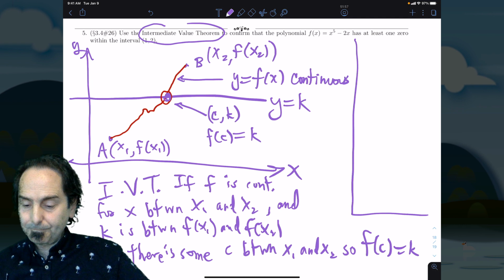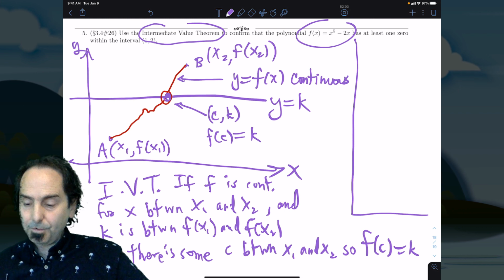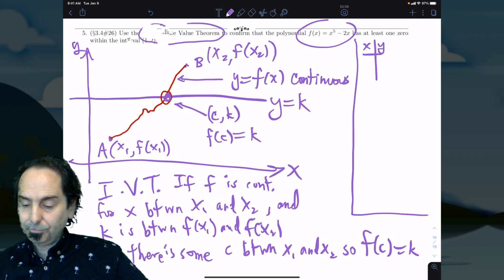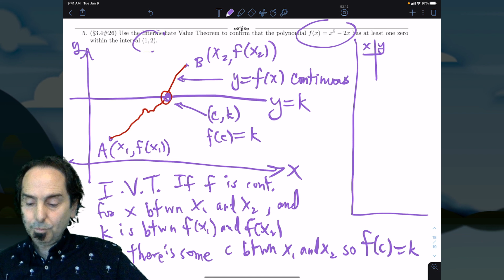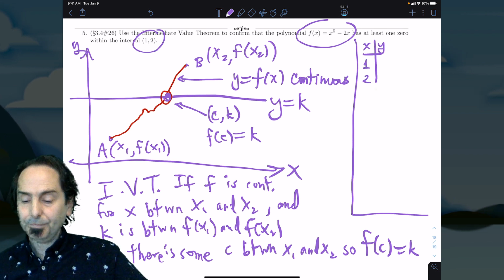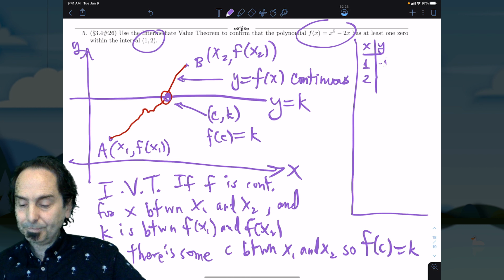So we have a function, this function f. I'm going to write an xy chart, and I want to know what's happening between these two x values. So here's 1 and 2, and if you put in 1, that's 1 to the 5th minus 2, the y value is -1, and the y value for 2 will be 32 minus 4, that's 28.